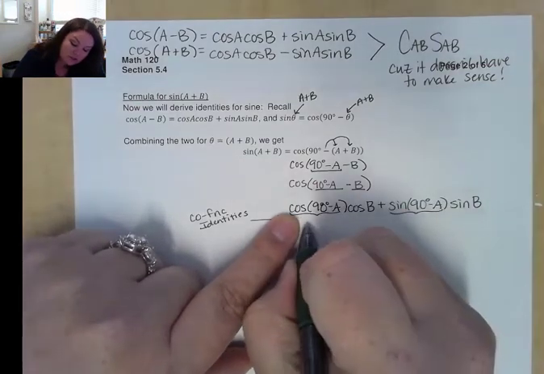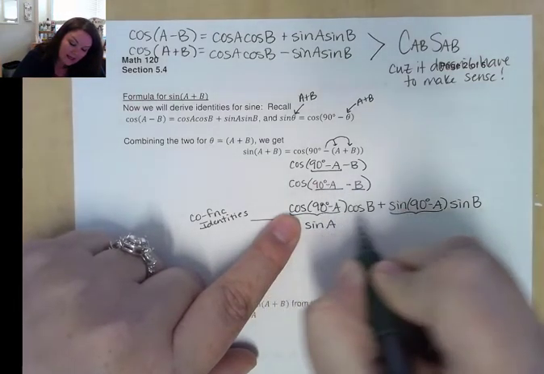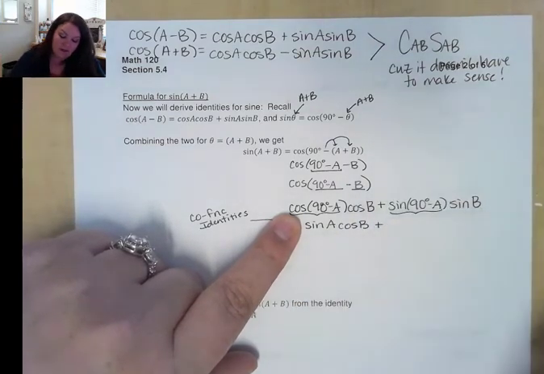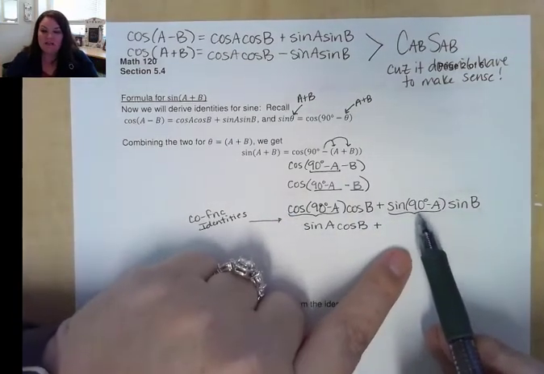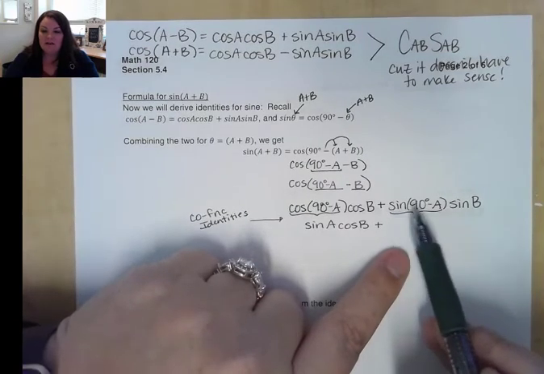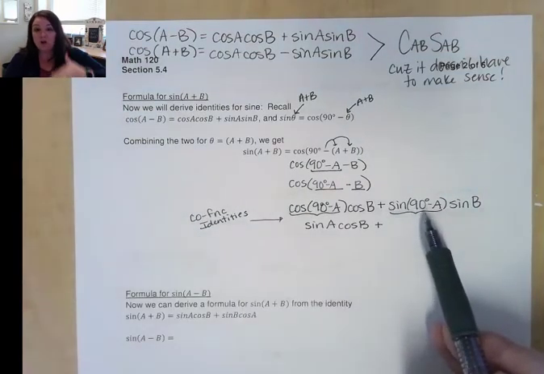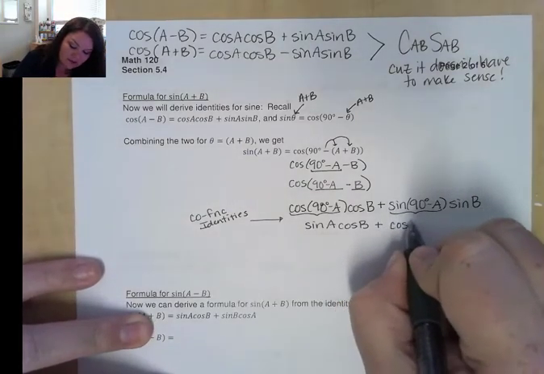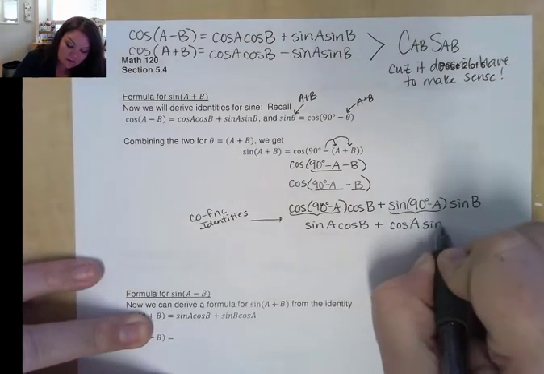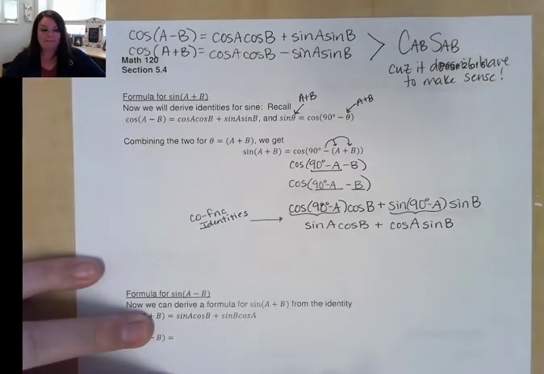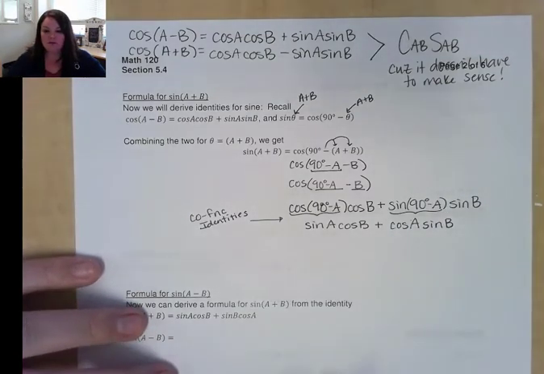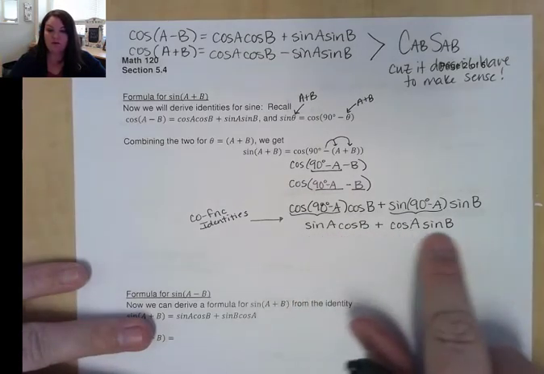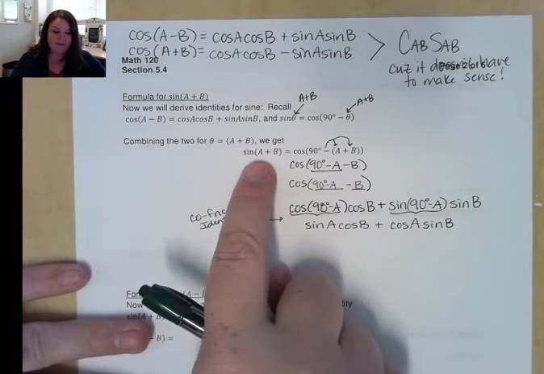So this just turns into sine a cosine b. And over here, same thing, cofunction identity. Sine of 90 minus a is going to equal the cosine of its complementary angle. So that would be cosine a times sine b. Okay, all I'm doing is using those cofunction identities. And now I have a new formula for sine of a plus b.